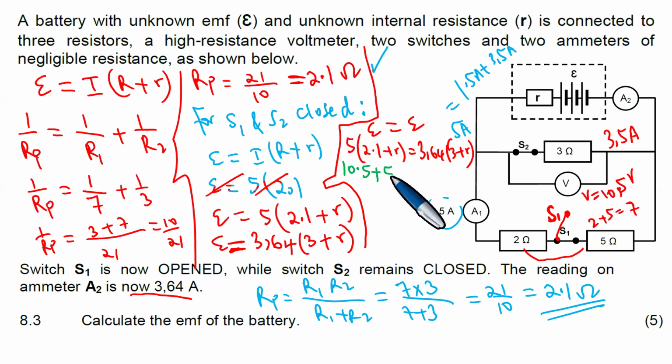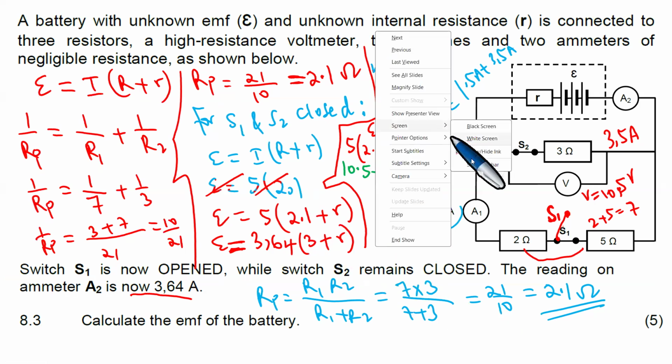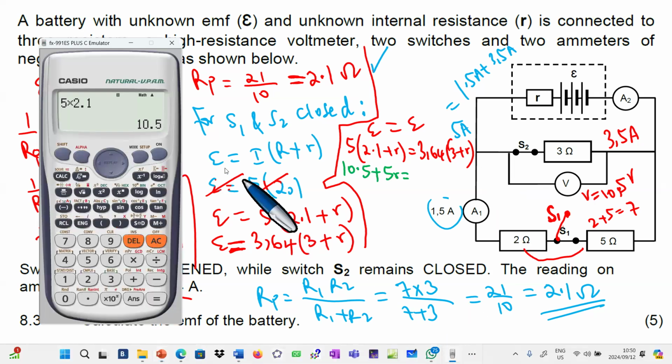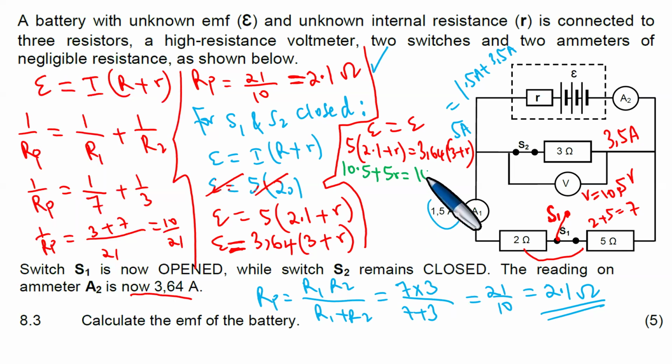Then 3.64 times 3 is 10.92. So we have 10.5 plus 5R equals 10.92 plus 3.64R.